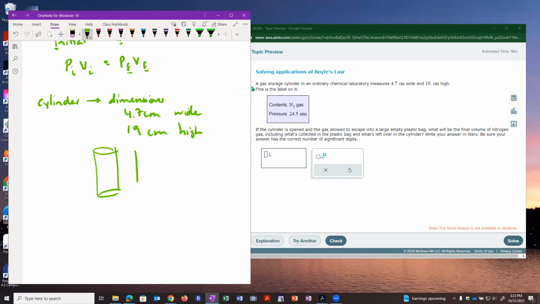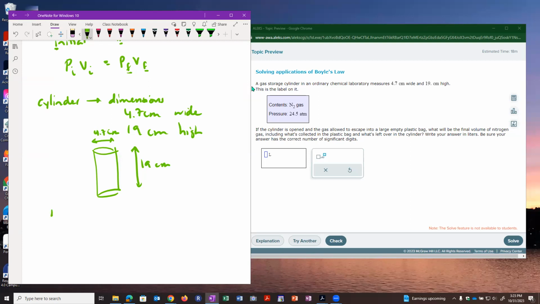The height here is 19 centimeters, and the width, which would be the diameter in this case, is 4.7 centimeters. You can use those dimensions to eventually calculate the volume, because Boyle's law does deal with volume.